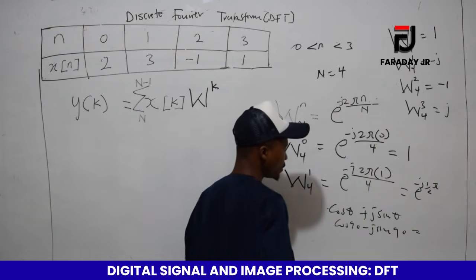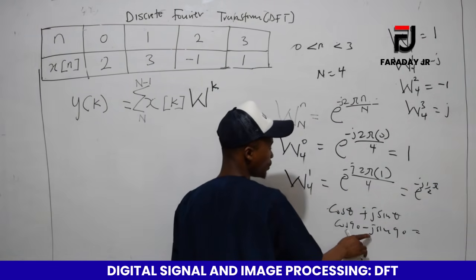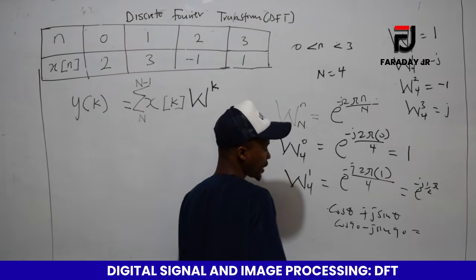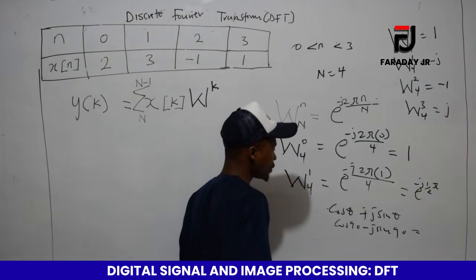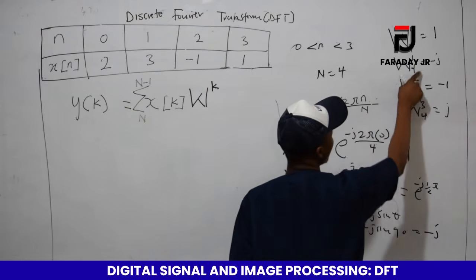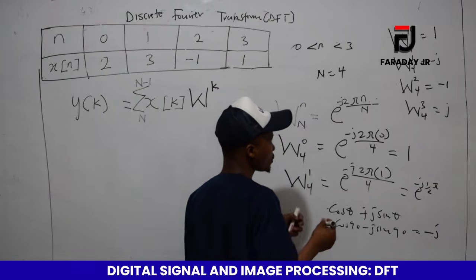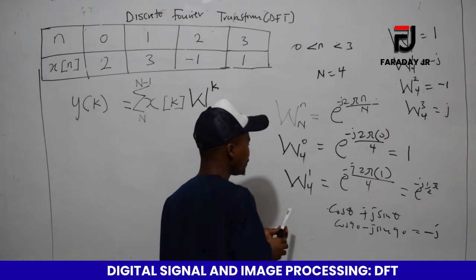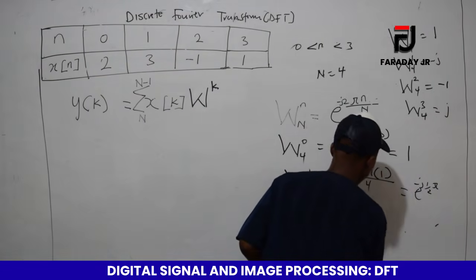Cos 90 gives us 0, and sin 90 gives us 1, so the result will give us minus 1 times j. So the window of 1 and 4 will give us minus j. We just want to know how it was being derived.